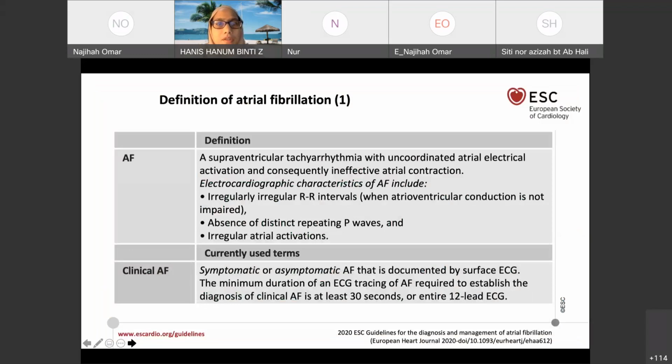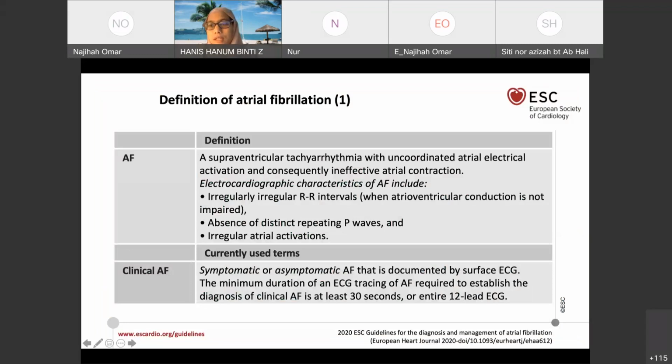Okay, so before we start, let's look at some of the definition of atrial fibrillation.